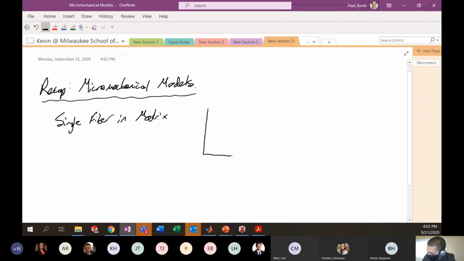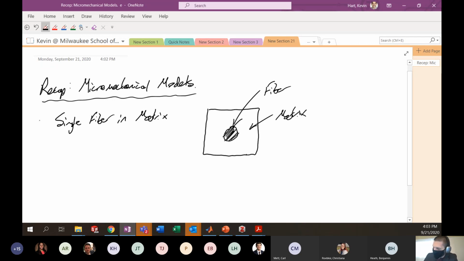So the model that you should have in your head looks something like this, where you've got a single fiber here, surrounded by matrix. All right, and we're going to assume that whatever properties we distinguish from this one tiny little model, we could replicate infinitely as a repeat unit to represent a composite as a whole.